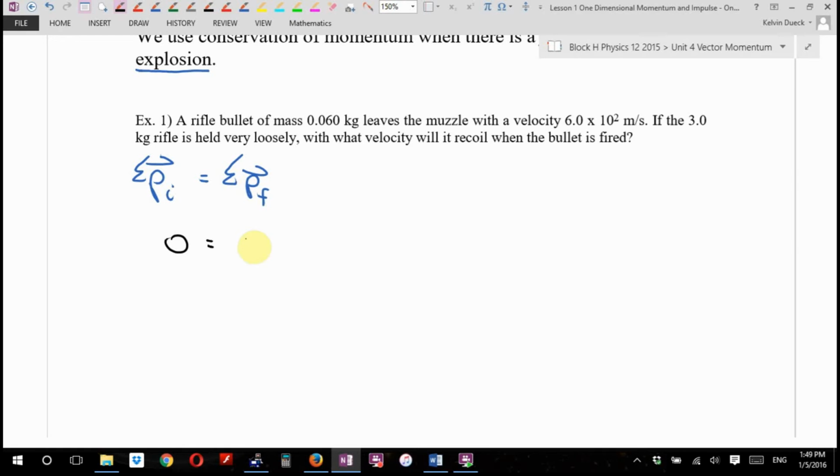Separate. So I'm going to go momentum gun final. Did I say gun? I said rifle, didn't I? Let's use an R. Plus momentum bullet final. Then I always ask, are there angles in this question?